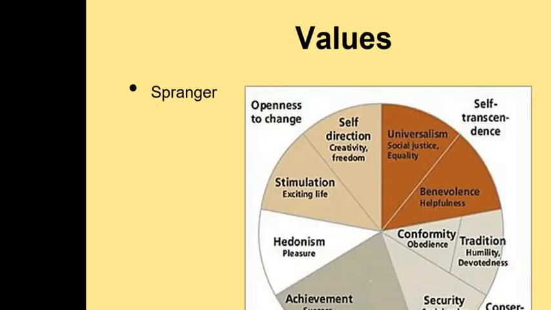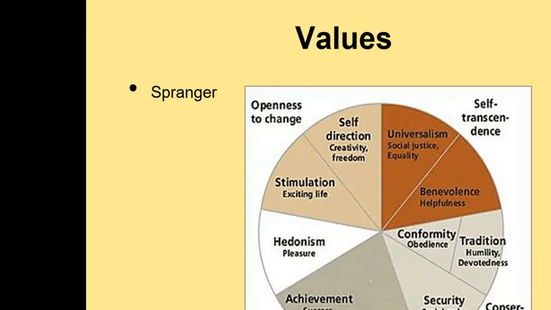Now, the third area that psychometric instruments measure is values. I've got Spranger's value orientations over here, and you'll see that Spranger identifies, I think, what do we have, 9 over here, am I right? 3, 6, 7, 8, 9, yeah.